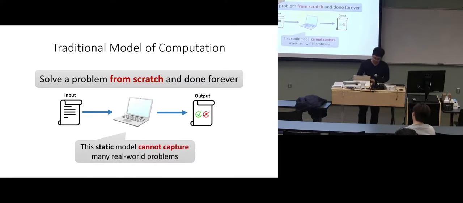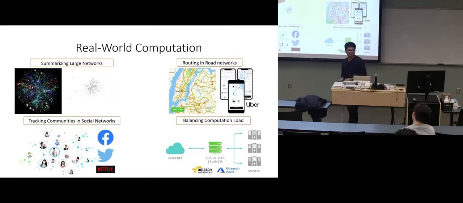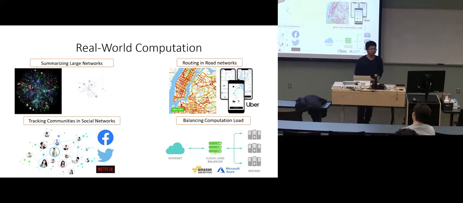But actually, this static model of computation cannot really capture many real-world situations. Why? Because everything keeps changing. If you want to get a summary of a large network like the Facebook graph, it keeps growing. The road network keeps changing.